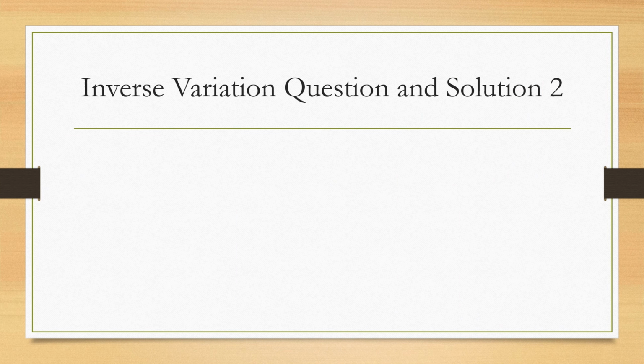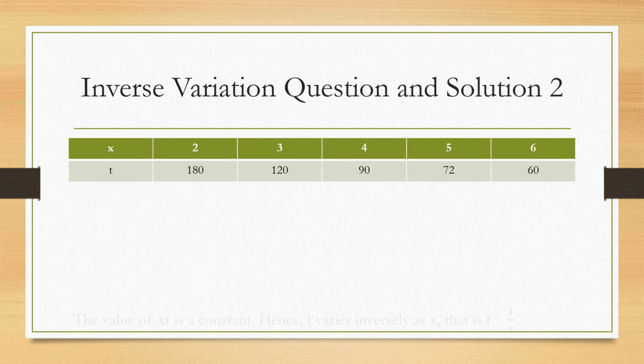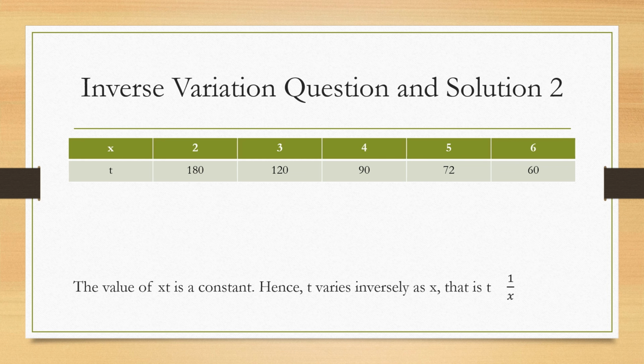Okay, we go to the question and solution number 2. This is the question. Oh, sorry. Okay, so meaning that x times t: 2 times 180, 3 times 120, 4 times 90, 5 times 72, 6 times 60.